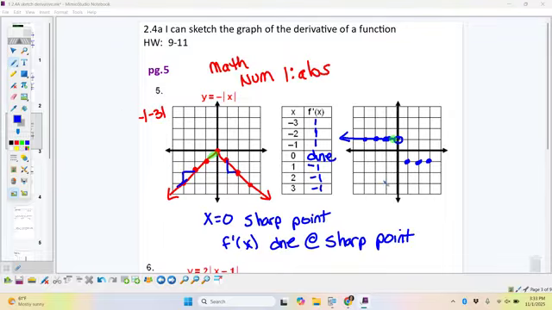So we need to get really, really close to the undefined derivative value, but not quite there. And we're going to show that with the open circle. So this derivative function has a jump discontinuity. We're not going to write the equation for that. We'll just leave the graph as it is.